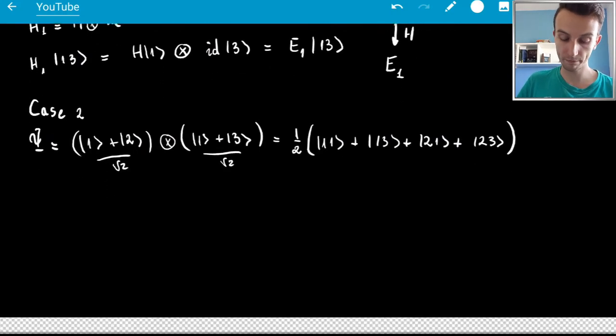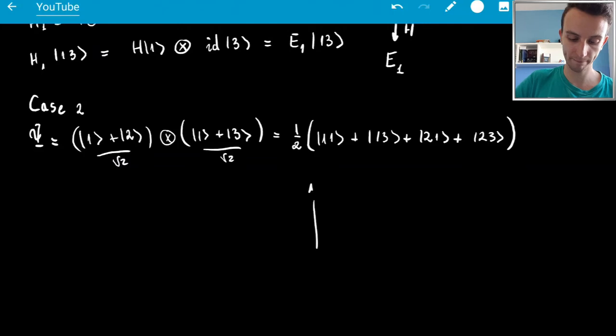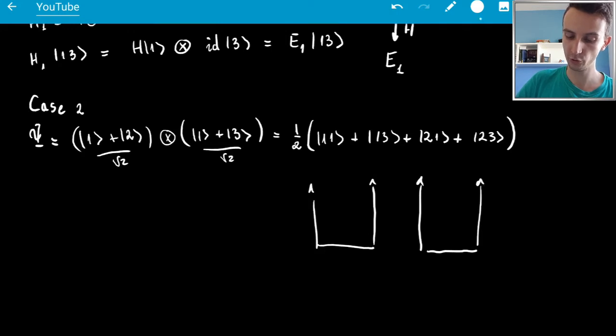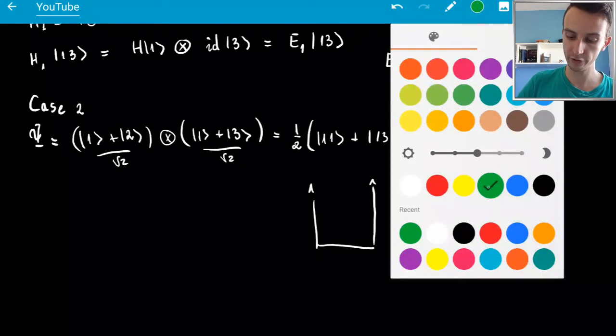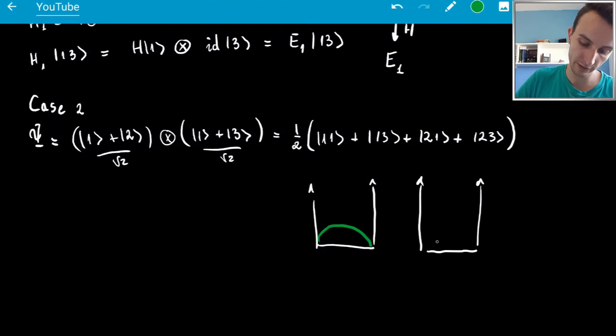Okay, cool. So what does this mean? This means I have a superposition of 4 states. I only need 2 wells, always 2 wells, and I have a superposition of 4 states. The first state is 1, 1.